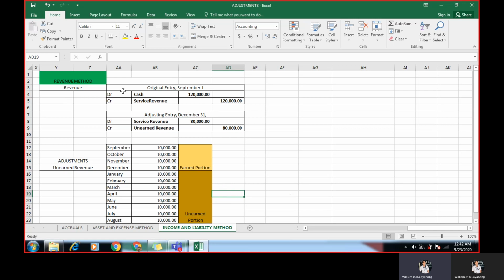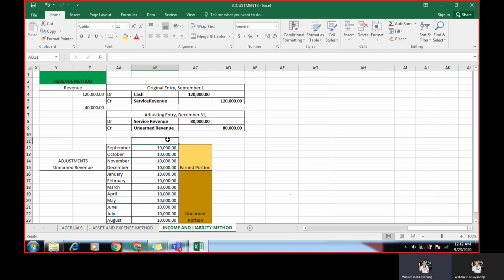Now, if we transfer it using the T account, we recognize revenue of 120,000 during its original entry on September 31. But again, our income at the end is not really 120,000, it's only 40,000.